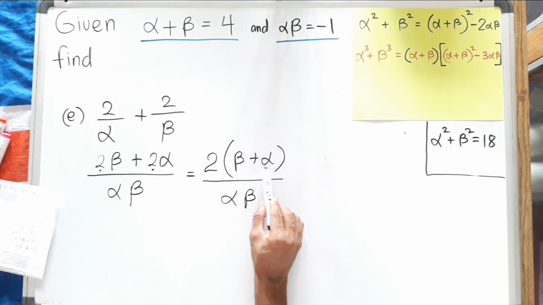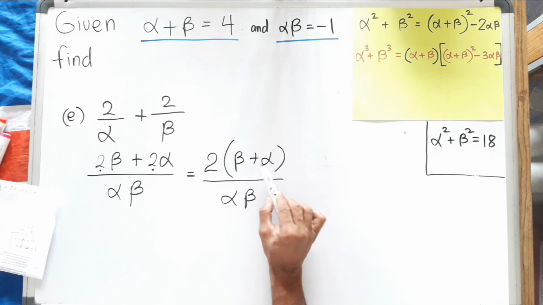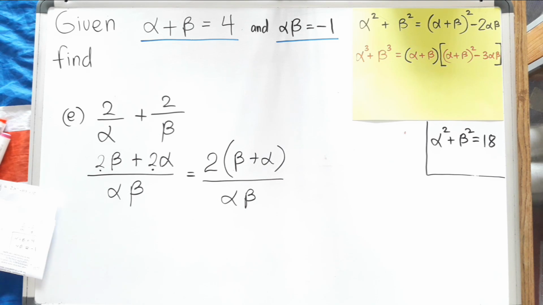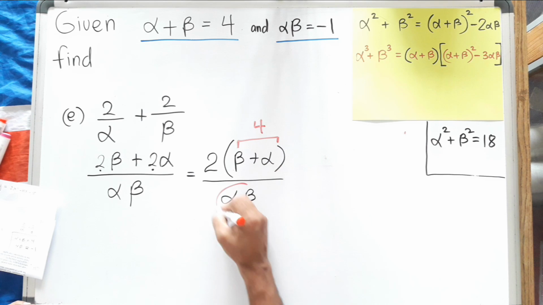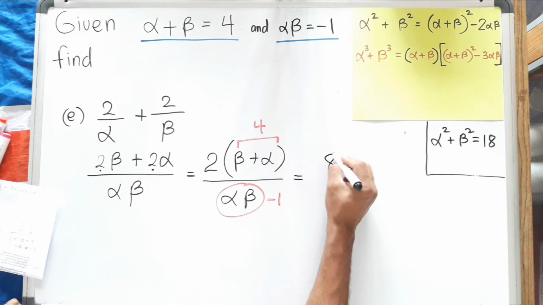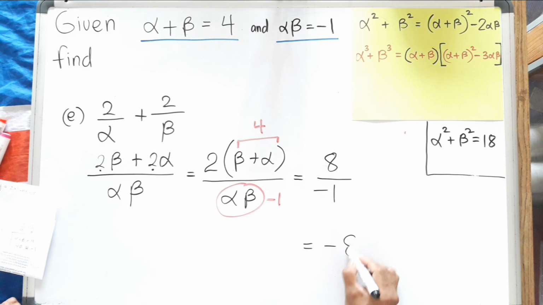By now, you know beta plus alpha is the same thing as alpha plus beta, which means we can replace this with 4 and this with minus 1. 2 by 4 is 8 divided by minus 1. Our answer is minus 8.